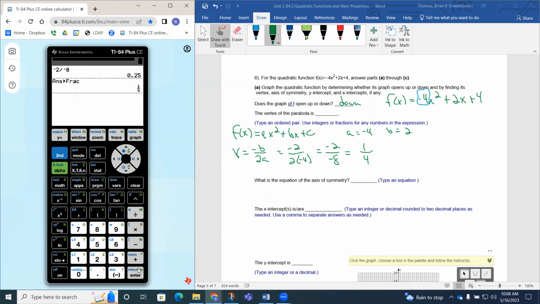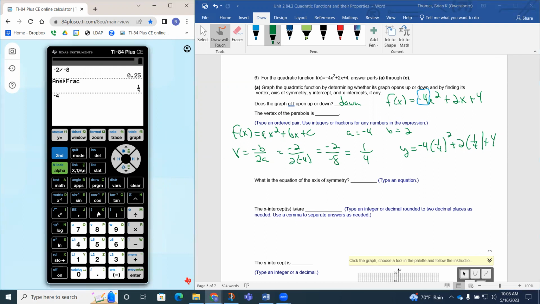Then to find the y-coordinate of the vertex, we have to substitute the 1/4 into the function. So y is going to equal, because remember, f of x stands for y, -4 times 1/4 squared plus 2 times 1/4 plus 4. Now remember, 1/4 is the same thing as 0.25, so I'm going to use 0.25 to make it easier to type into the calculator.